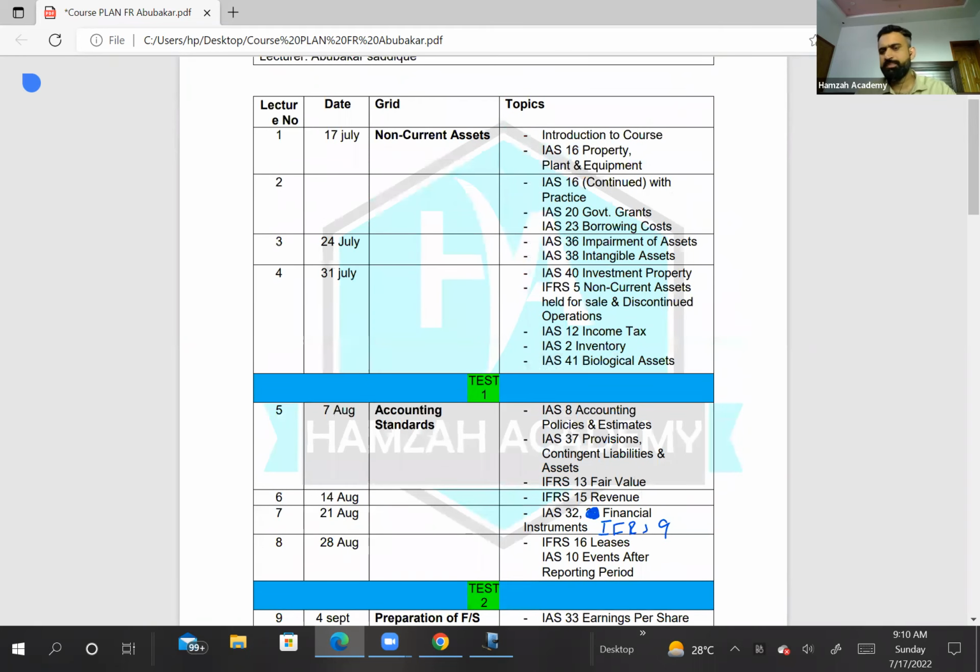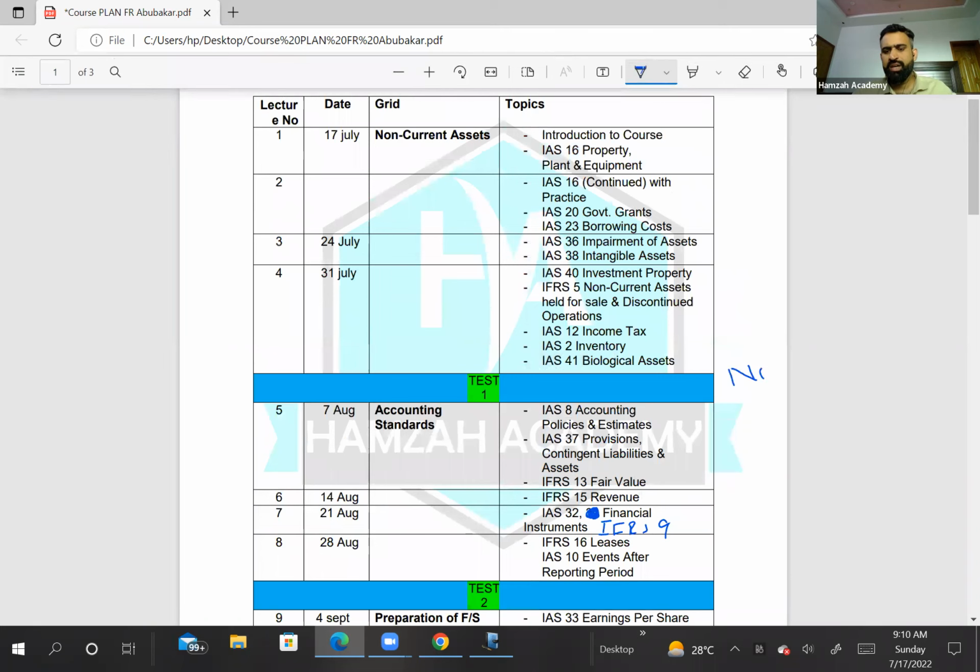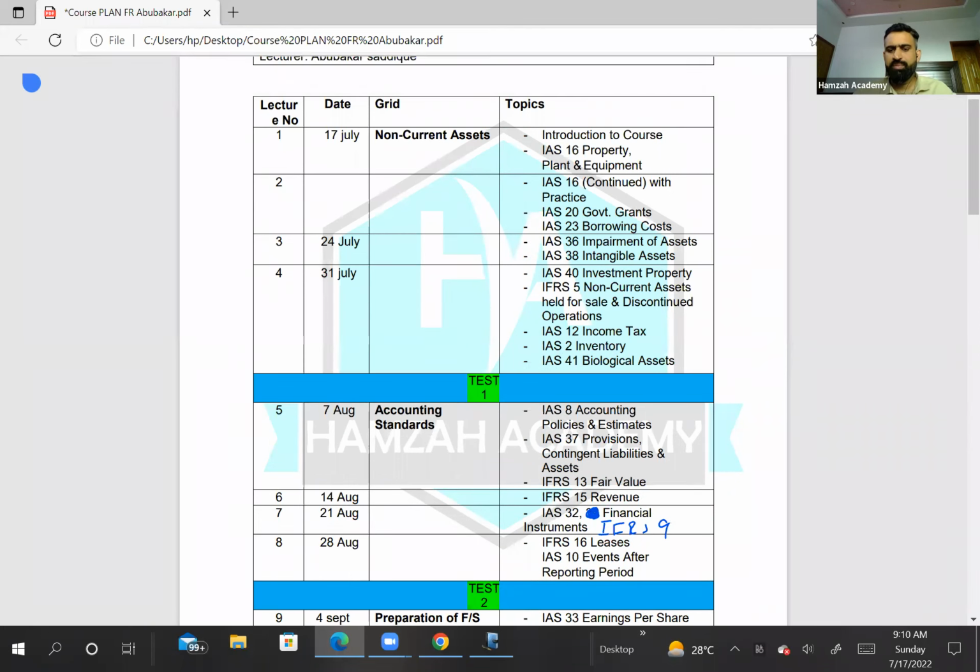Okay, you get it? As far as the study text and the practice exam kit is concerned, the notes will be provided. We have the notes. The notes will be provided for FR level, which will replace your study text.